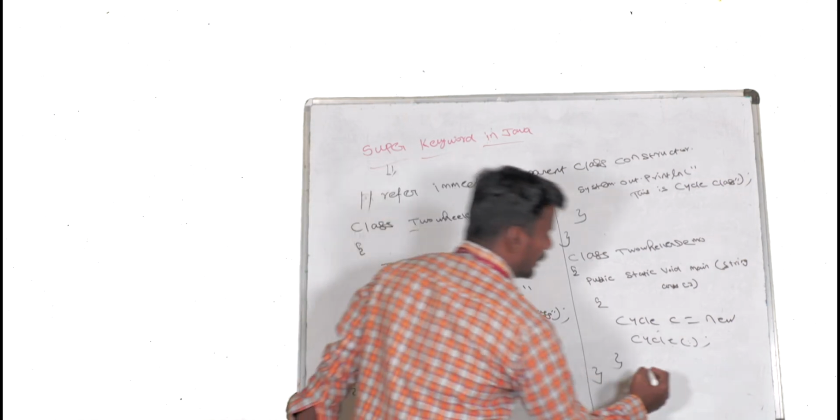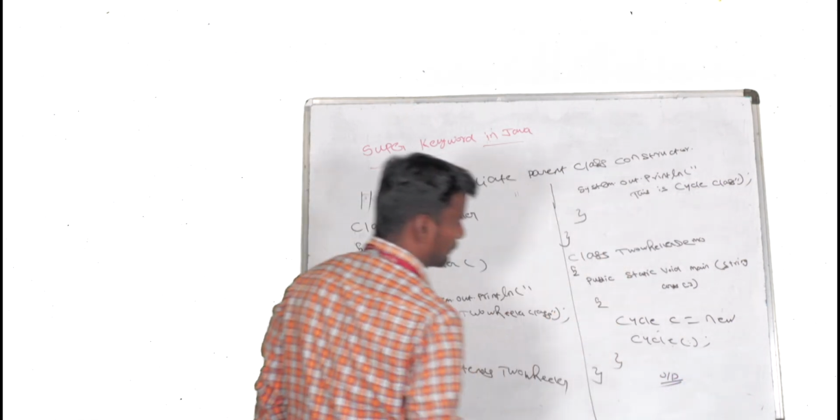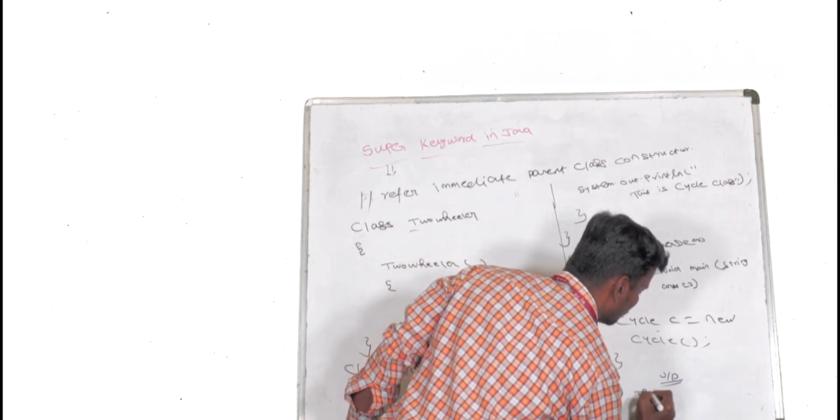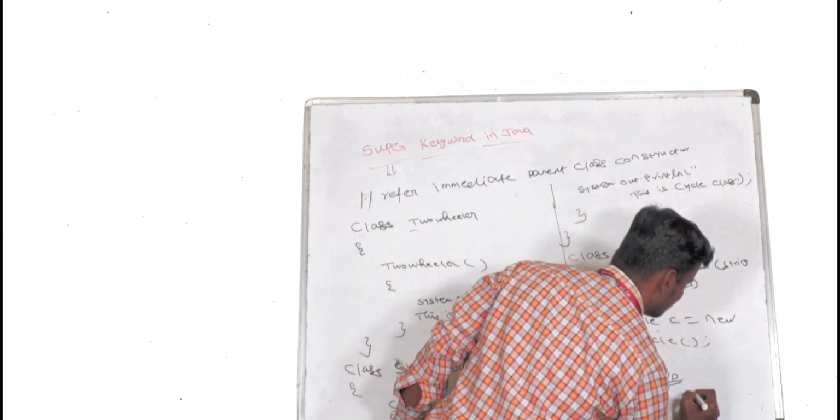When you execute this program, what is the output we get? First it will print, this is the cycle class.